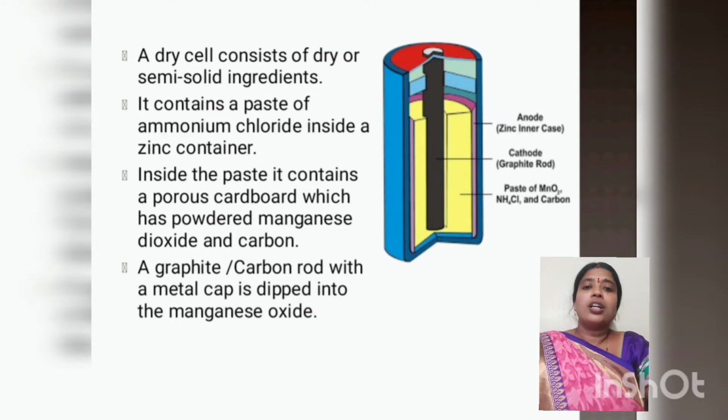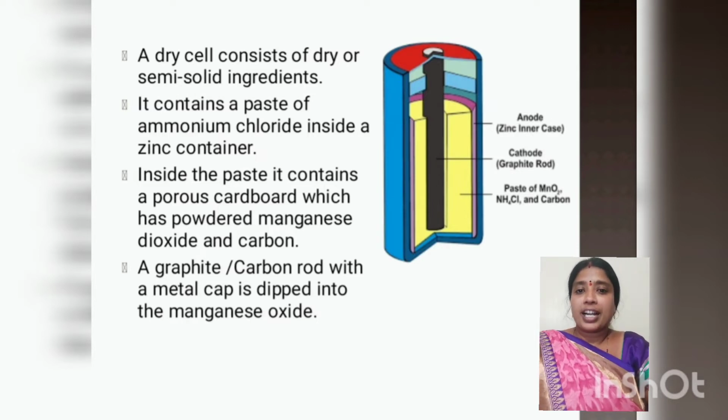As you know, the cell has two terminals, a positive terminal and a negative terminal. The zinc in our case acts as the anode or the positive terminal, and the metallic cap which you see at the top of the cell is connected with the graphite rod or carbon rod, and that is the cathode, that is the negative terminal.